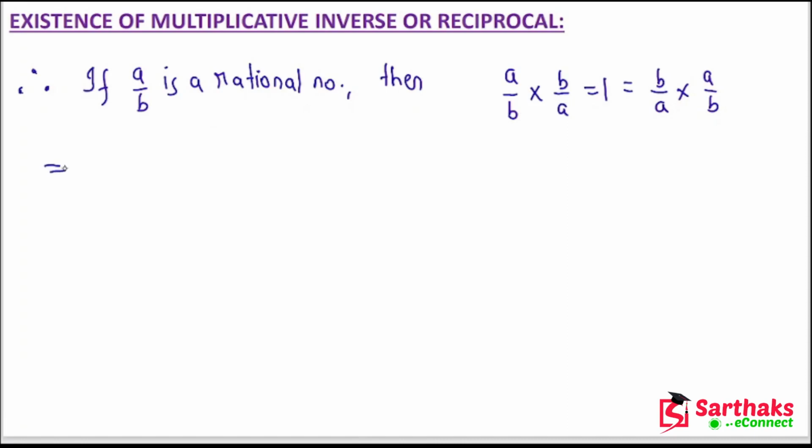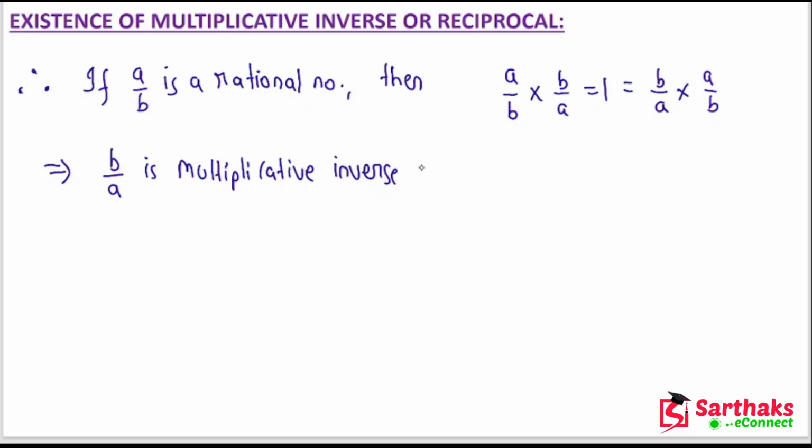So it implies that b by a is the multiplicative inverse or reciprocal of a by b, which simply states that b by a is a by b inverse.